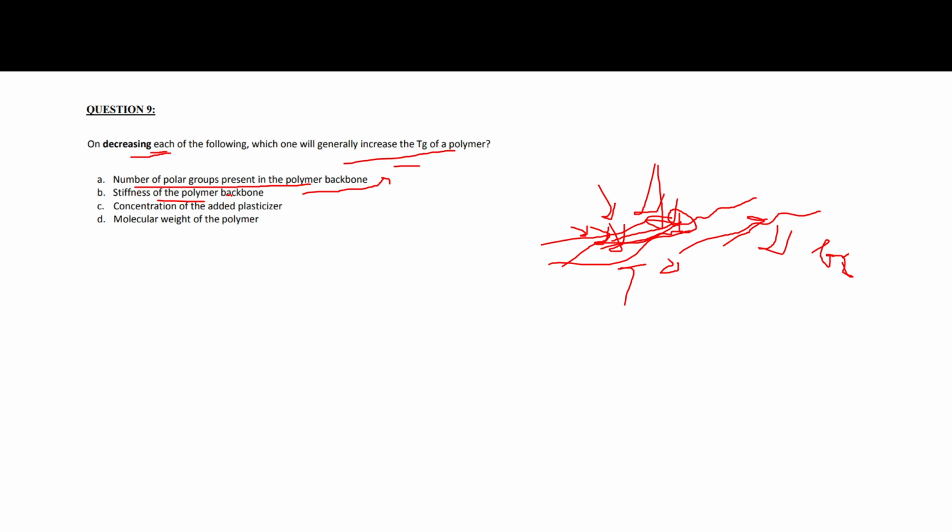Molecular weight of the polymers: sometimes with increasing molecular weight, your polymer's Tg is not affected that much. So here the right answer will be concentration of plasticizer, which, as you increase it, decreases the Tg of the polymer.